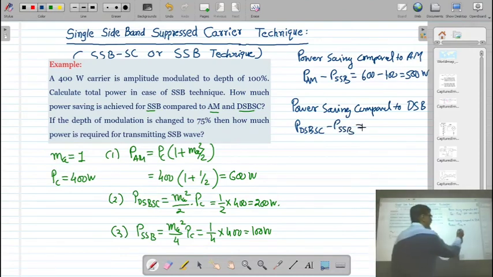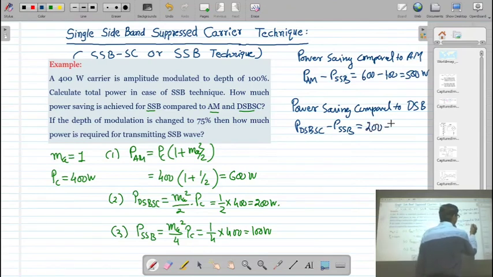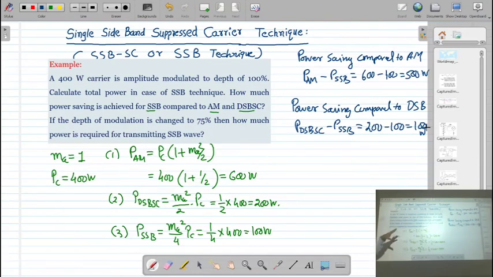It is 200 minus 100, and the power saving is 100 watt. Okay. So in this way, if we have a simple modulation, then 600 watt total power is required. Then DSBSC 200 watt, and in SSB 100 watt is there.